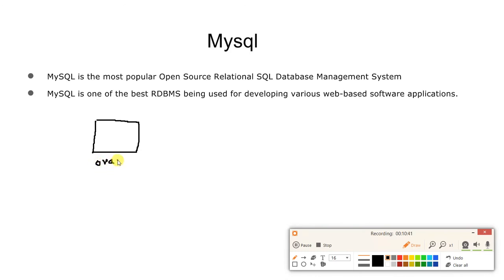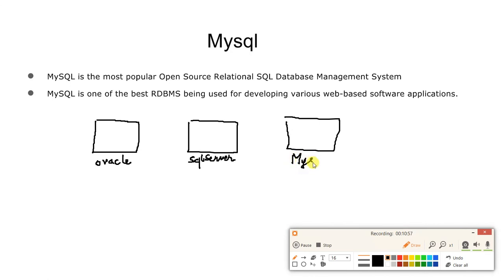For example, Oracle is one database. Then there is SQL Server. This is also a relational database. Relational database means in all these databases data will be stored in the form of tables. Then you have MySql. So these are all relational databases.